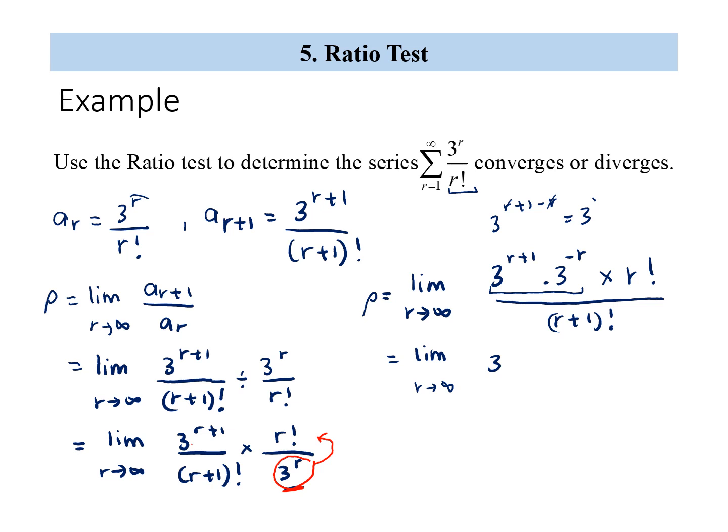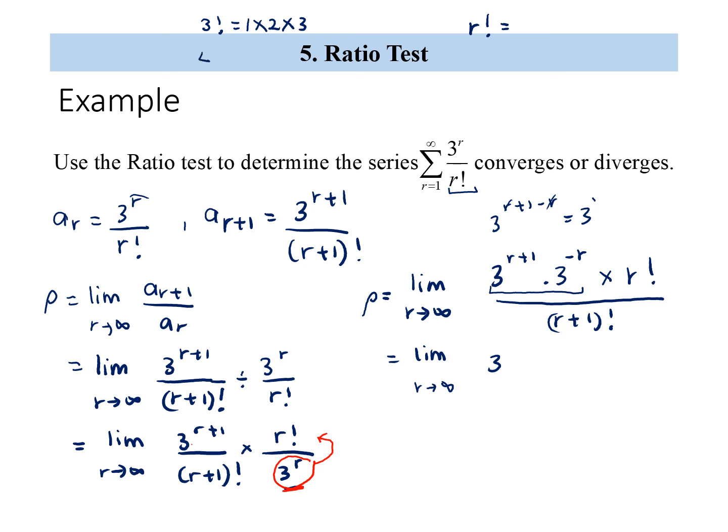Next is our r factorial over (r+1) factorial. If you notice, what does r factorial mean? Let's say I give you an example, which is 3 factorial. 3 factorial means the multiplication 1 times 2 times 3.